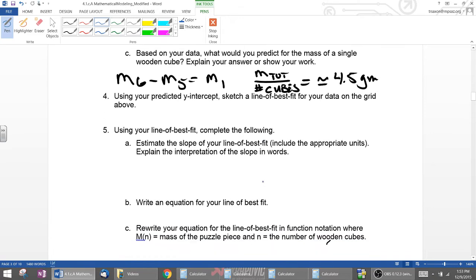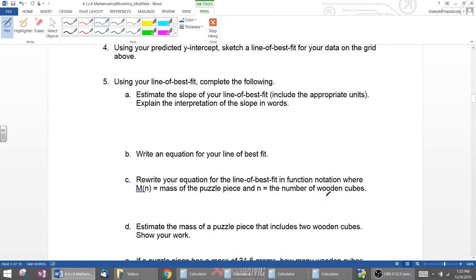That leads you into the equation for the best line of fit. Knowing that this is a linear equation, we use the format y equals mx plus b. We know that b equals 0 in this instance, so now we have y equals 4.5x.